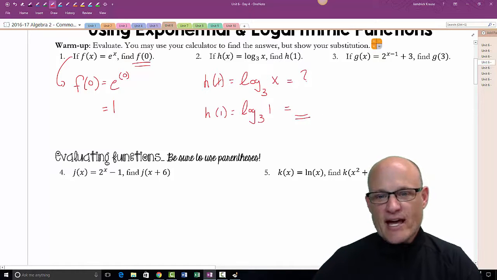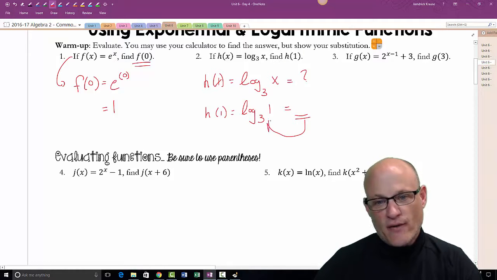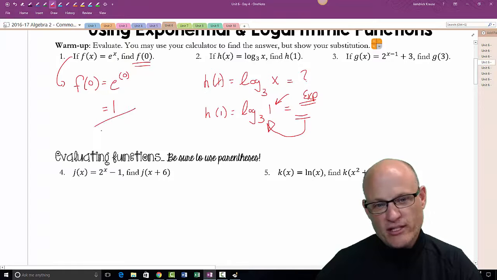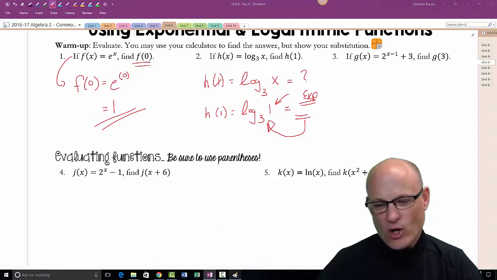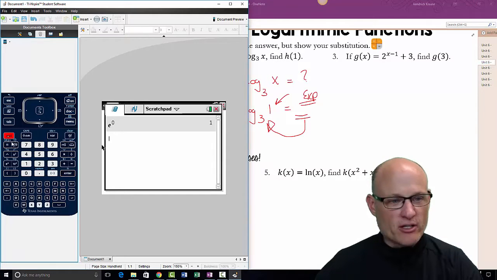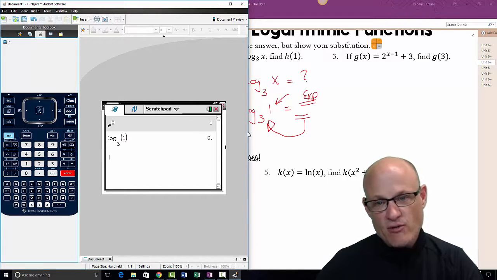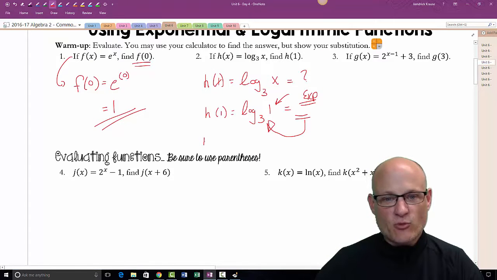Remember, this is the exponent that I need to put on the 3 to get 1. What is the exponent? Because that's the definition for logarithm. What is the exponent I need to put on 3 to get 1? Based on what we did here, you're probably thinking 0. At least I hope you are. But if not, we just come over here, log base 3 of 1, and we get 0. So in that case, h of 1 is 0.